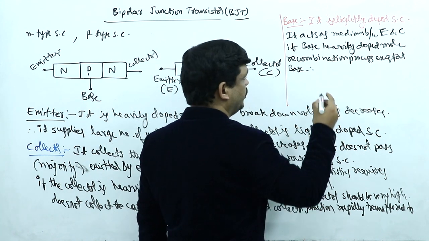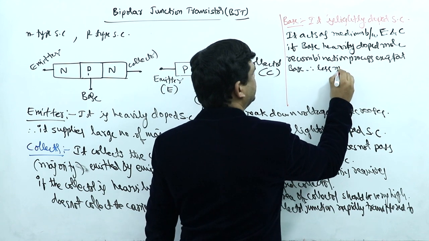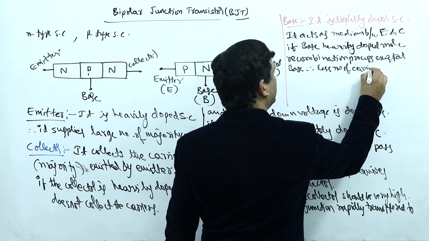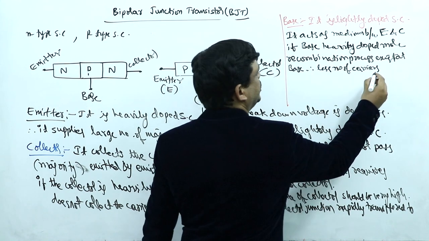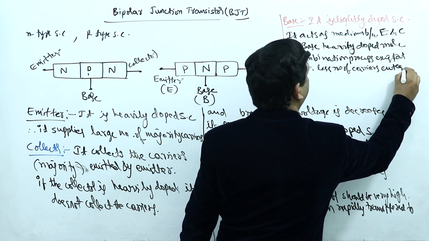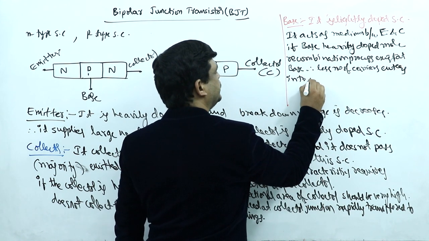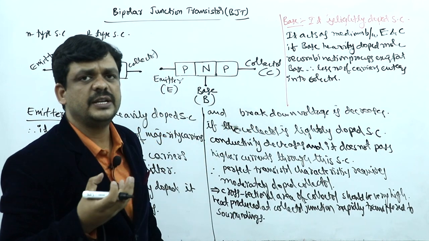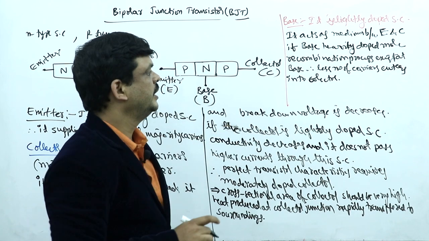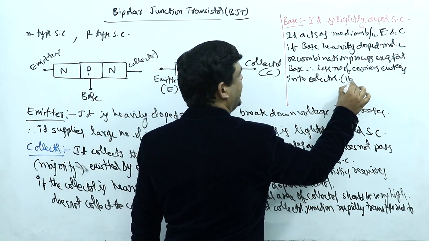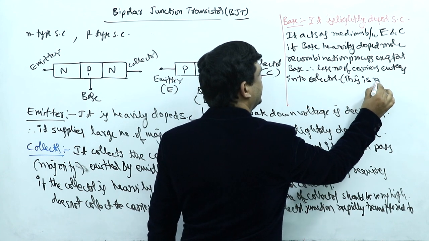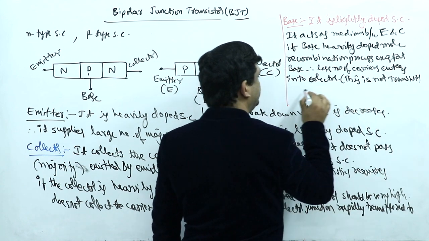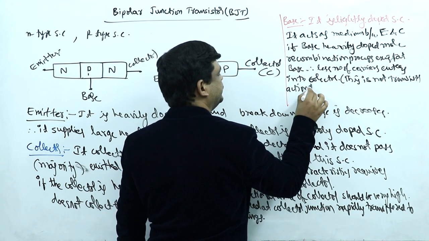Therefore very few carriers enter into the collector, right? This is not transistor action.